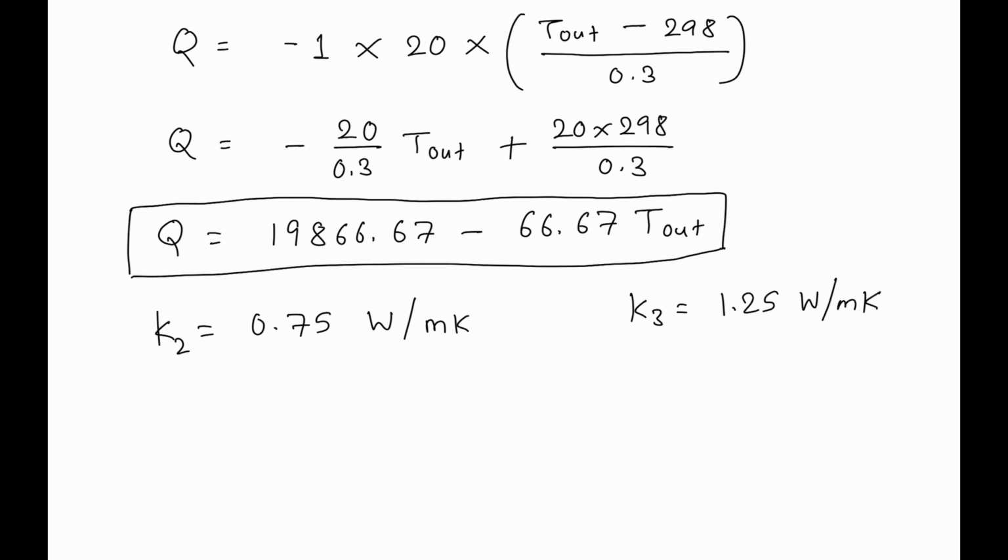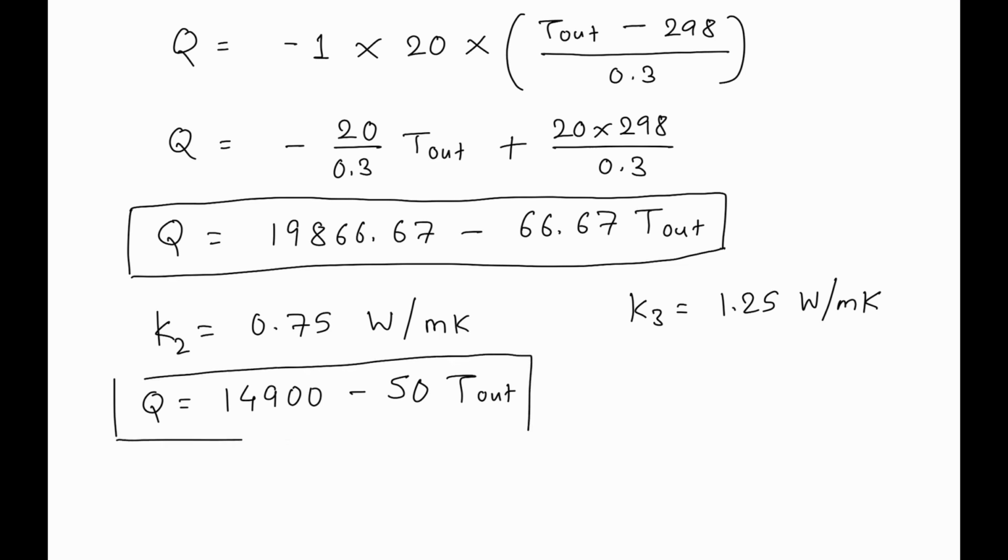If we use Fourier's law for both of them, for K2 we get heat transfer equal to 14,900 minus 50 times T out, and for K equal to 1.25 we get 24,833.33 minus 83.33 T out.